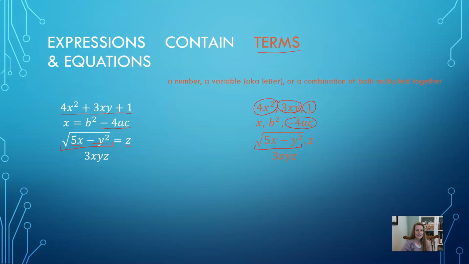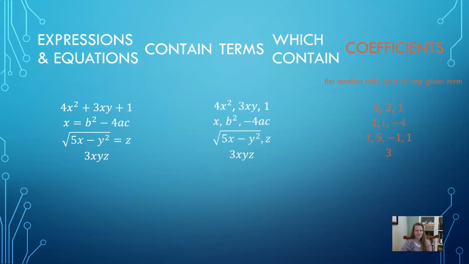And then we have a z here. And the last one, of course, is just 3xyz. Now, if I were to ask you, what is the second term in that first expression? You'd go back to the first expression that we've already underlined, and you'd count 1, 2 terms. The second term would be 3xy.